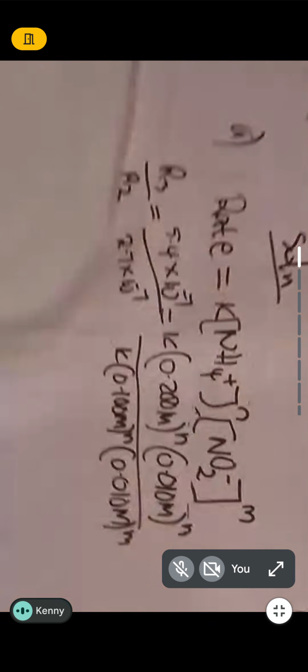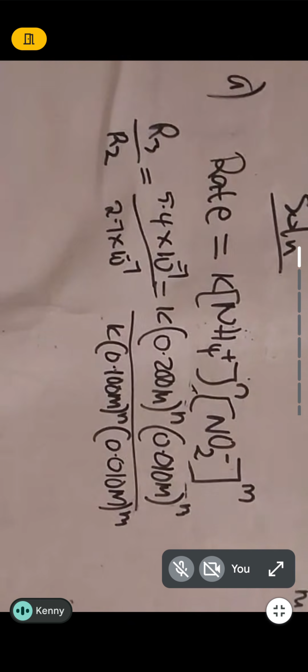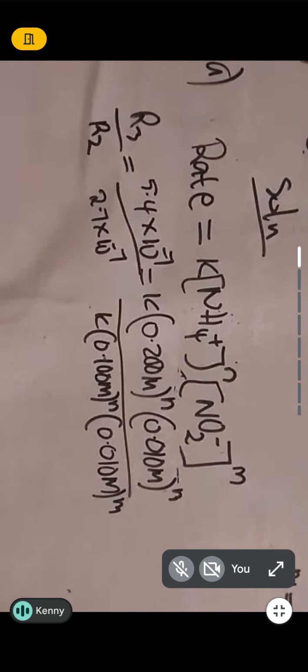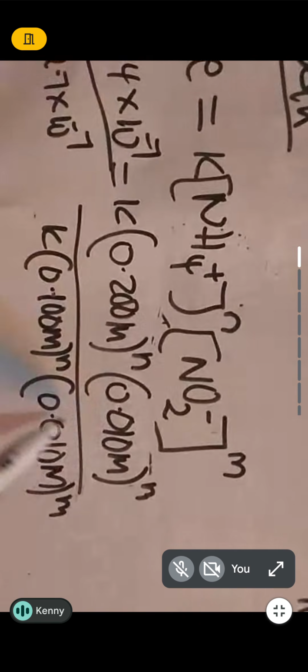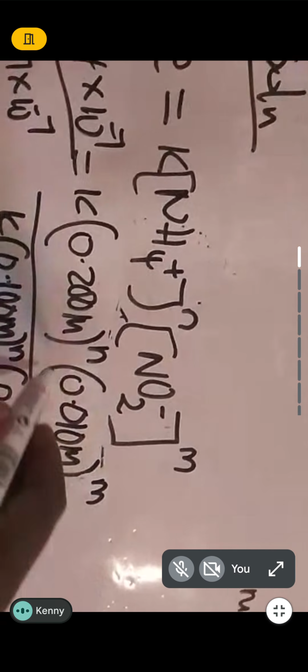So you can see now that m will cancel, since 0.01 is the same. Of course, K will also cancel.